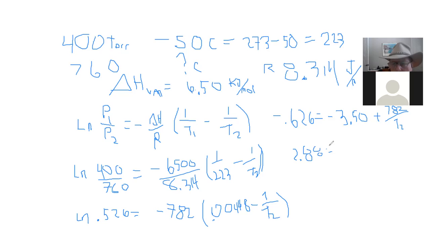...is equal to 782. Again, this is going to be an absurd number. Divided by T2. T2 is equal to 200.